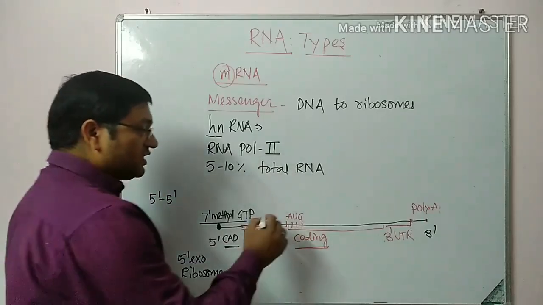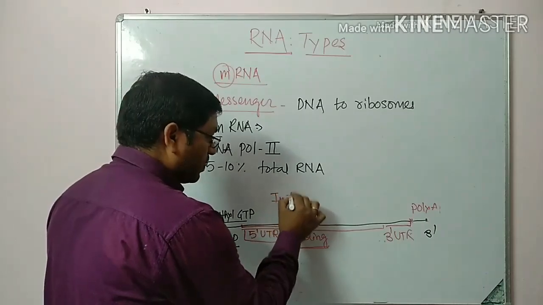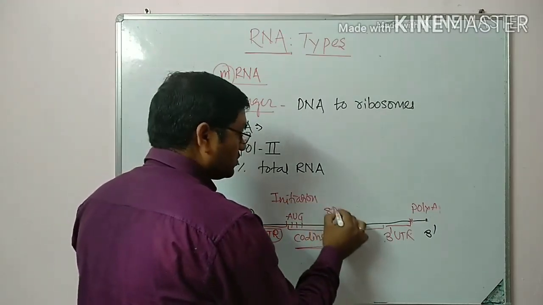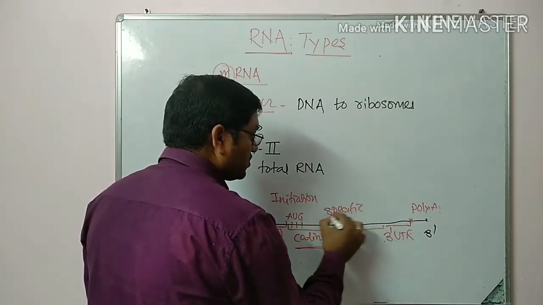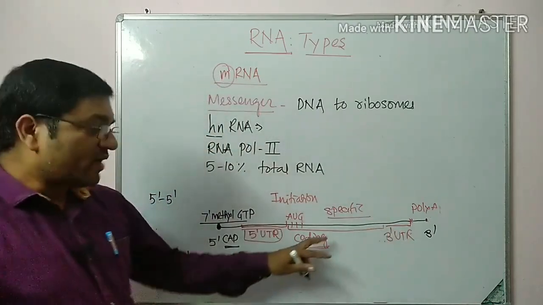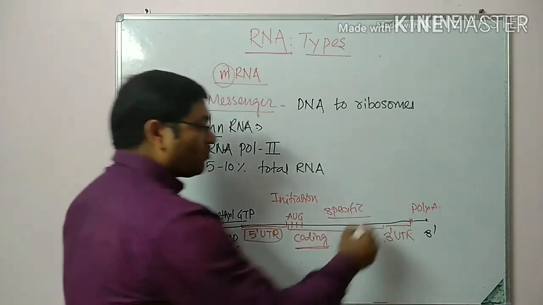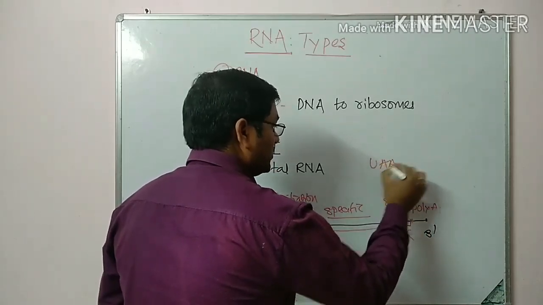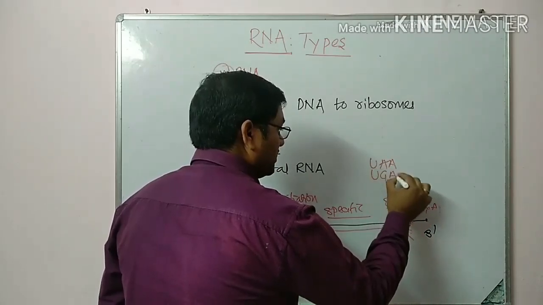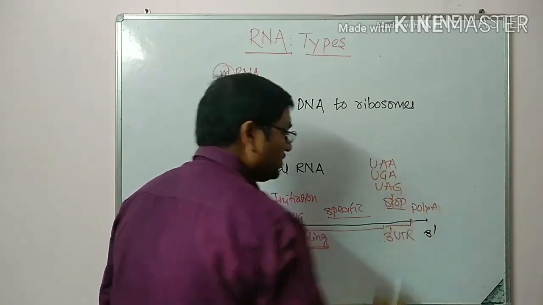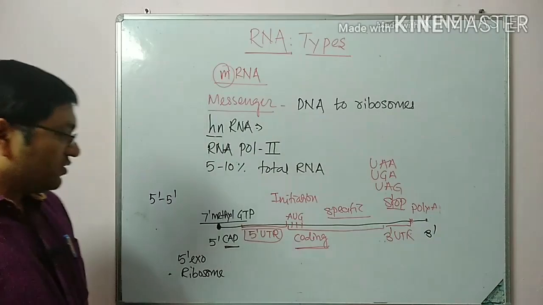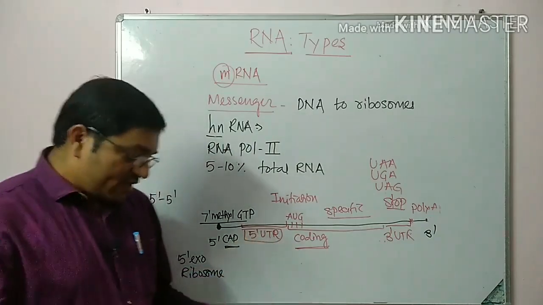This AUG is the initiation codon, followed by specific codons which code for different amino acids, and stop codons. It includes UAA, UGA and UAG. These are the three stop codons which stop the process of translation. So this is about the mRNA.